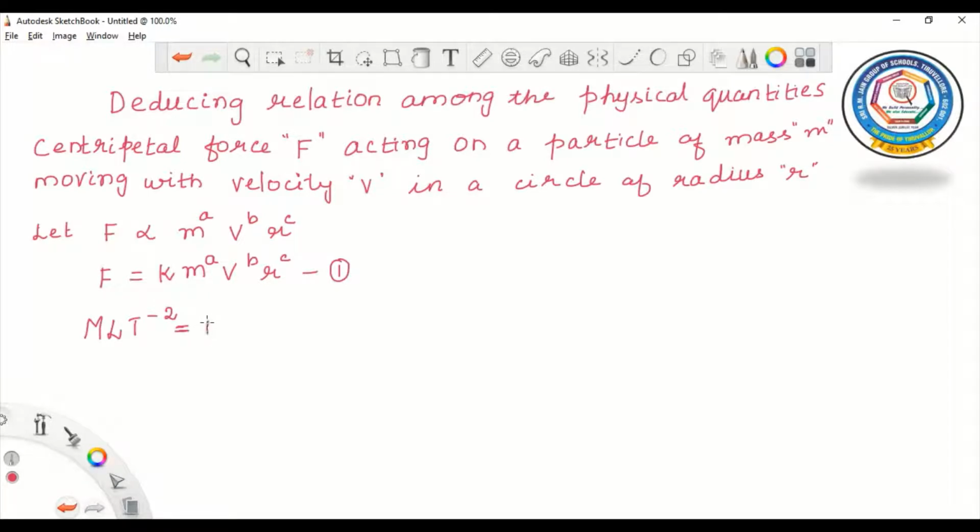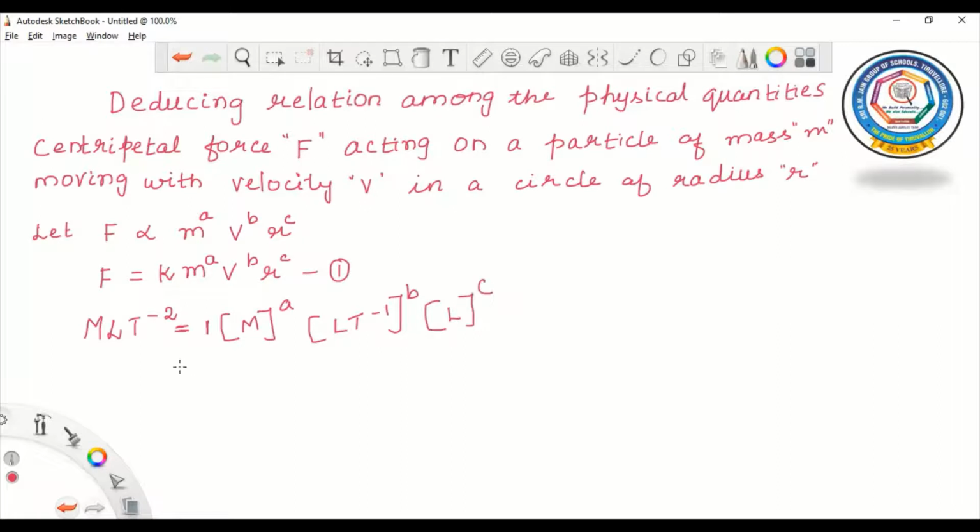So here we are going to assume it is 1. Then dimension of mass m, again v be the velocity whose dimension is L T power minus 1 the whole power b, and radius r, whose dimension is L.